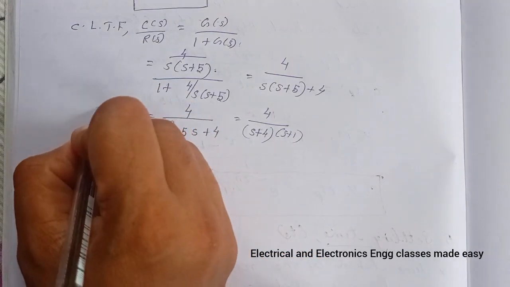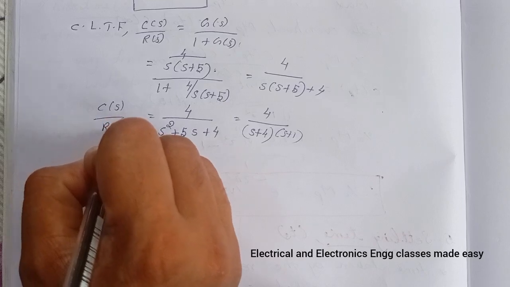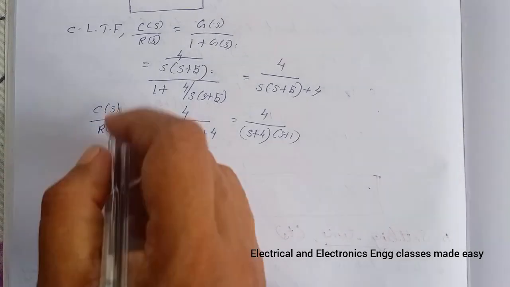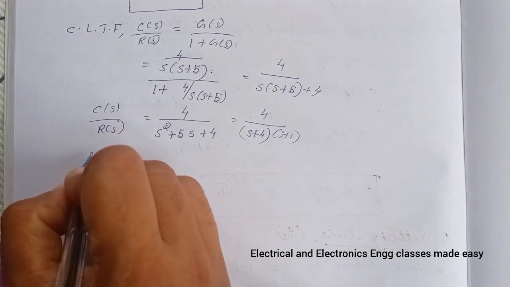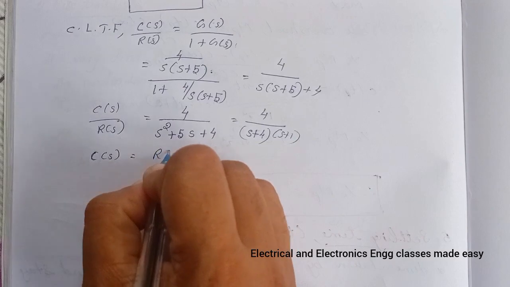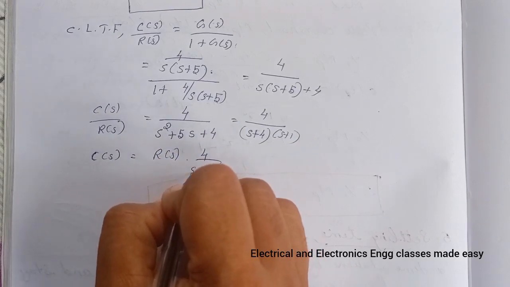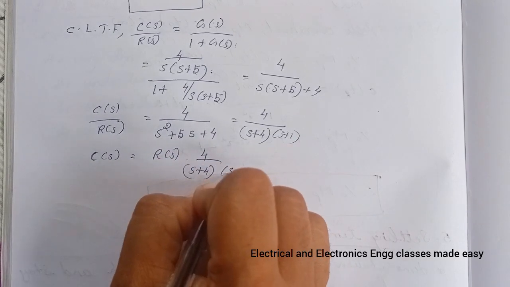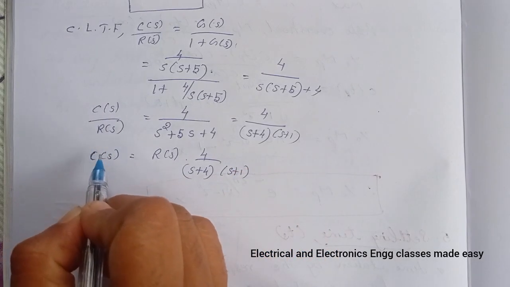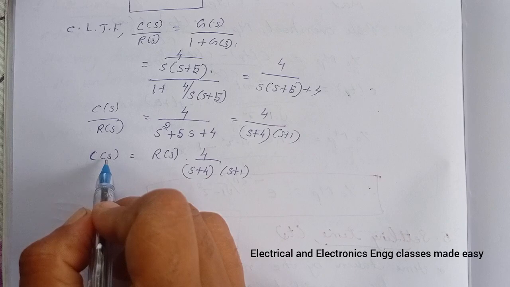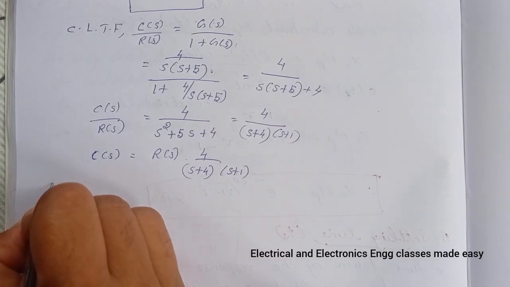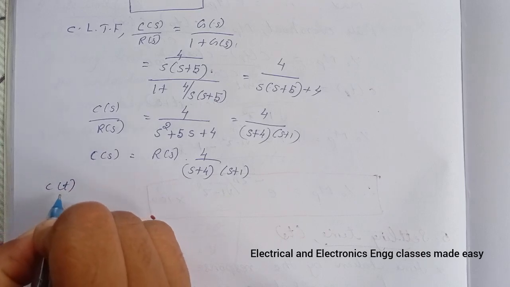So this is C(s) divided by R(s), and we have to find the response. So response means C(s) is equal to R(s) into 4 divided by (s plus 4) into (s plus 1), and response means we have to find the inverse Laplace transform of this C(s), that is response is c(t). So we have to find c(t).